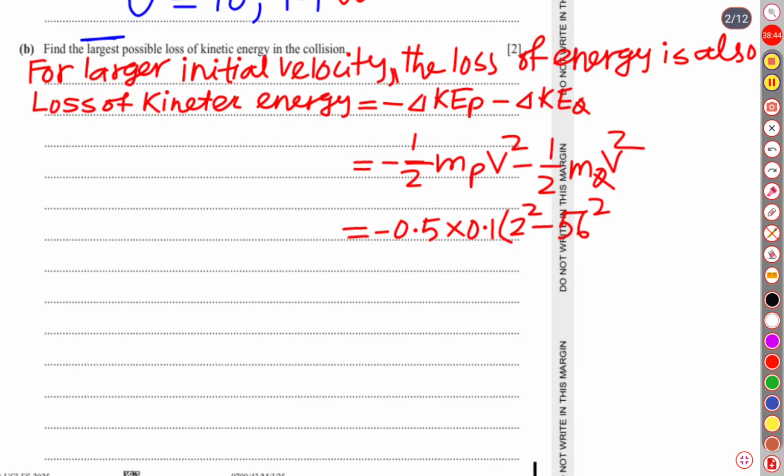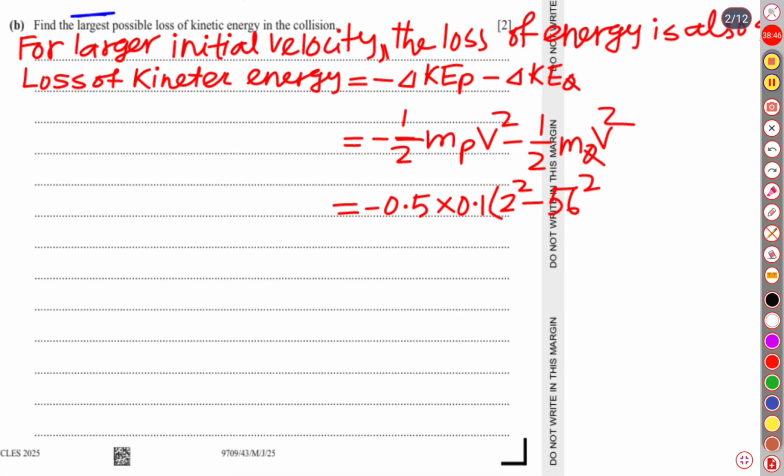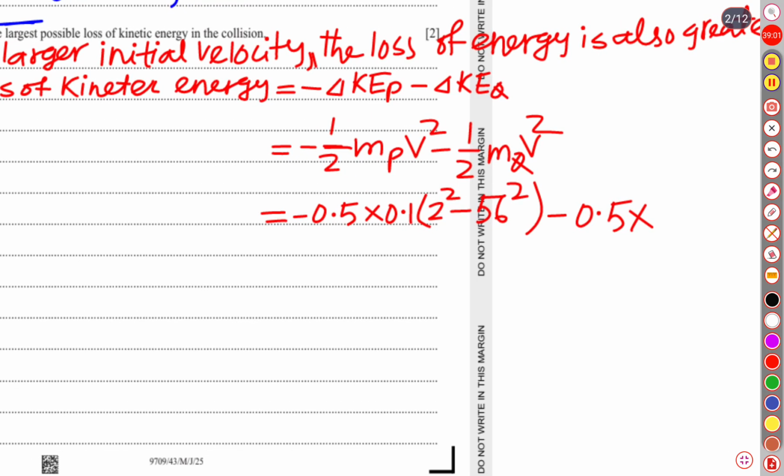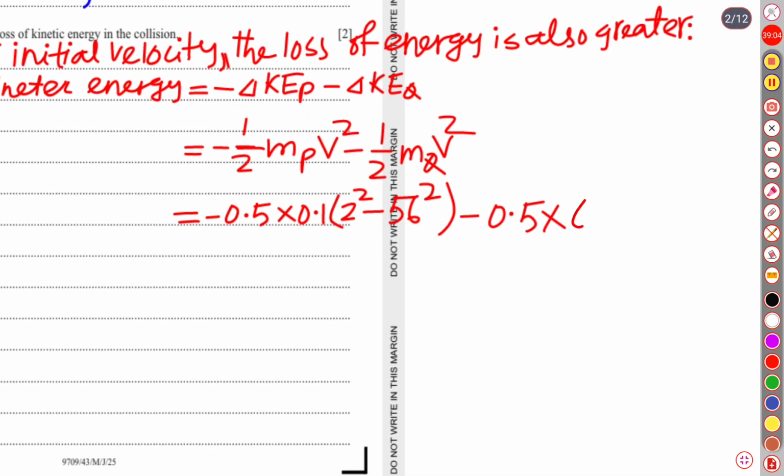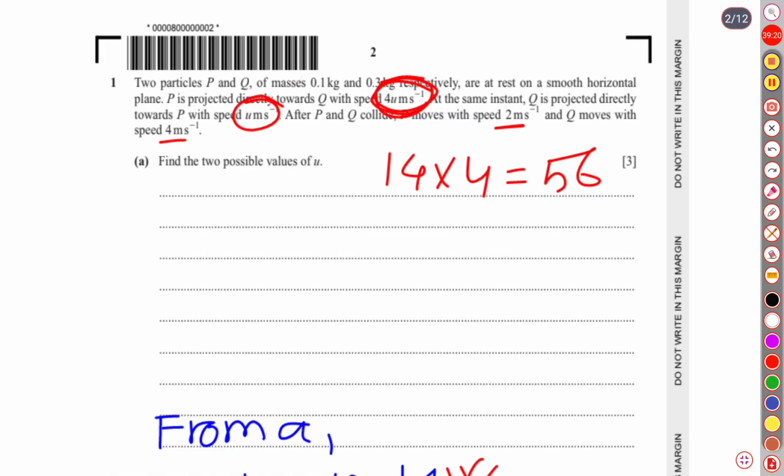So we have written here 56 square, then minus 0.5 for particle Q, and the mass of particle Q was 0.3. We have already seen it was 0.3. The final velocity of particle Q was 4 meter per second.